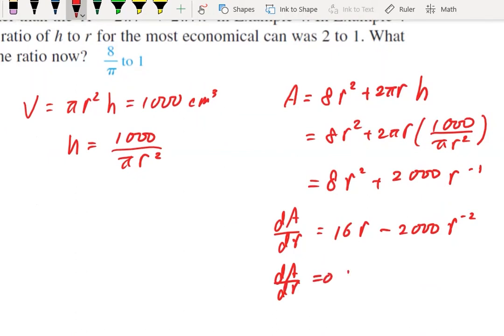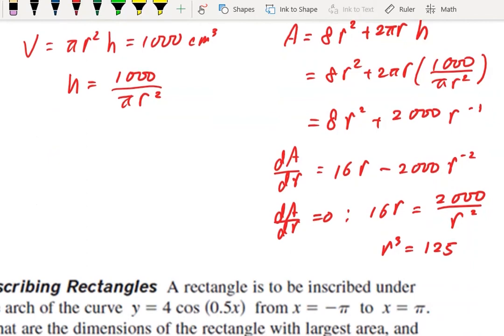That means, can I at least do this much? And then r cubed is equal to 125 if you divide by 16. Therefore, r is equal to 5, right?